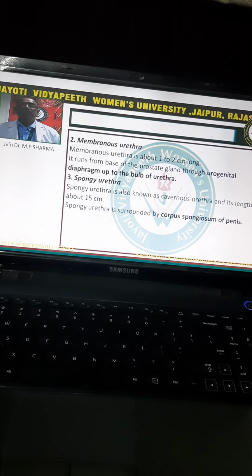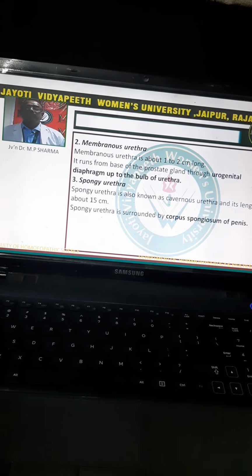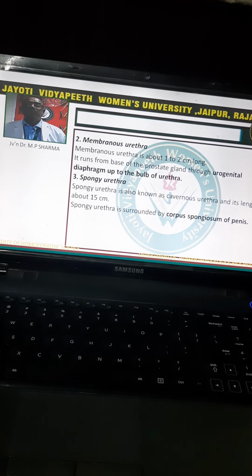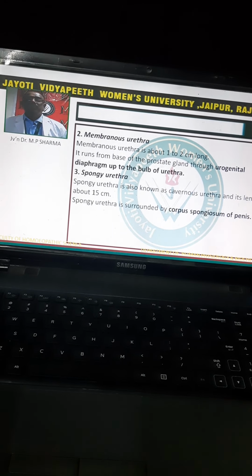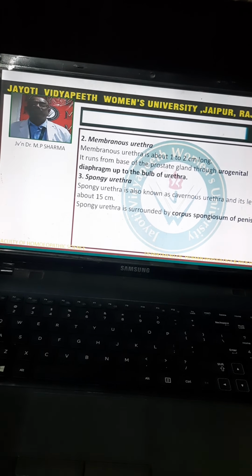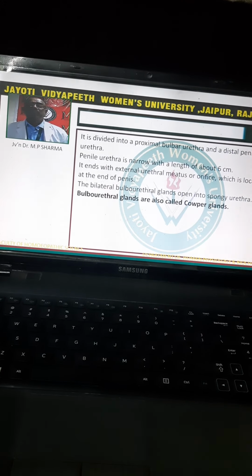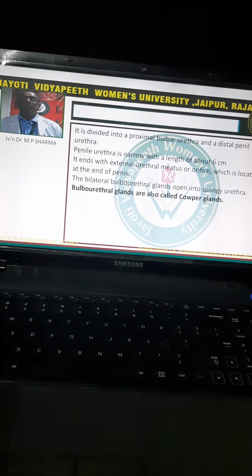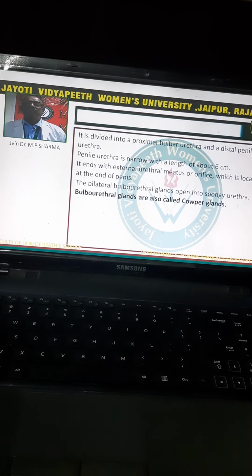The membranous urethra is about 1 to 2 cm long and it runs from the base of the prostate gland through the urogenital diaphragm up to the bulb of the penis. The spongy urethra is also known as the cavernous urethra and its length is about 15 centimeters. The spongy urethra is surrounded by the corpus spongiosum of the penis and it is divided into a proximal bulbar urethra and a distal penile urethra.